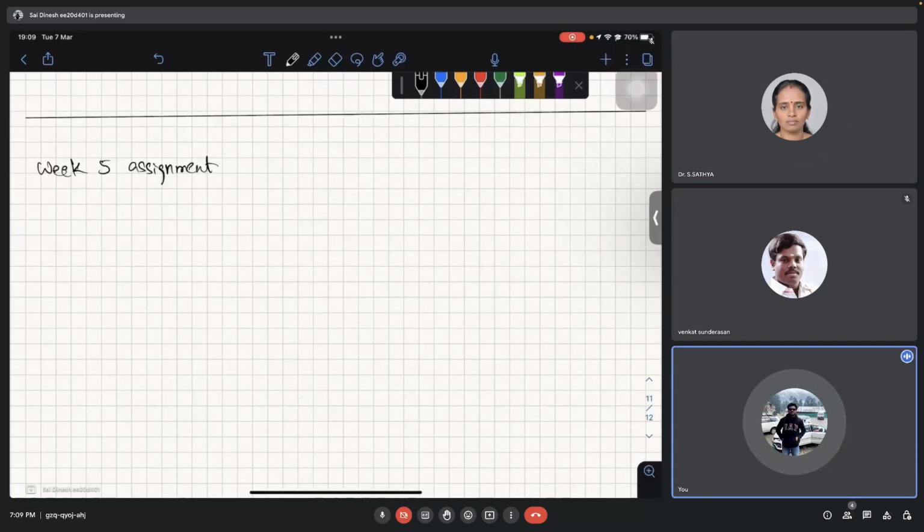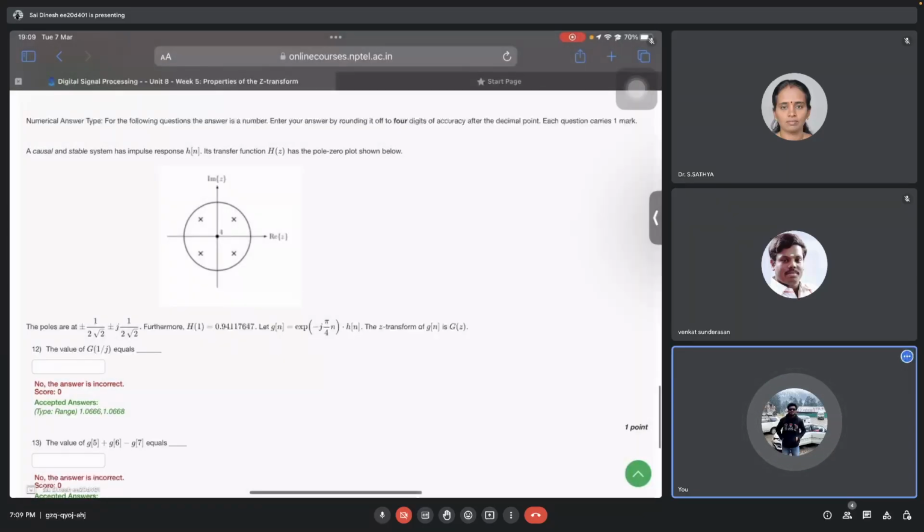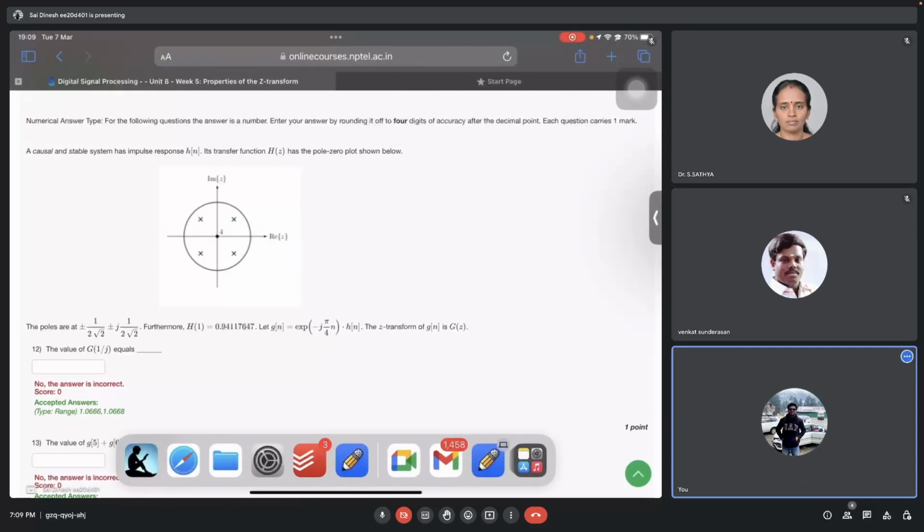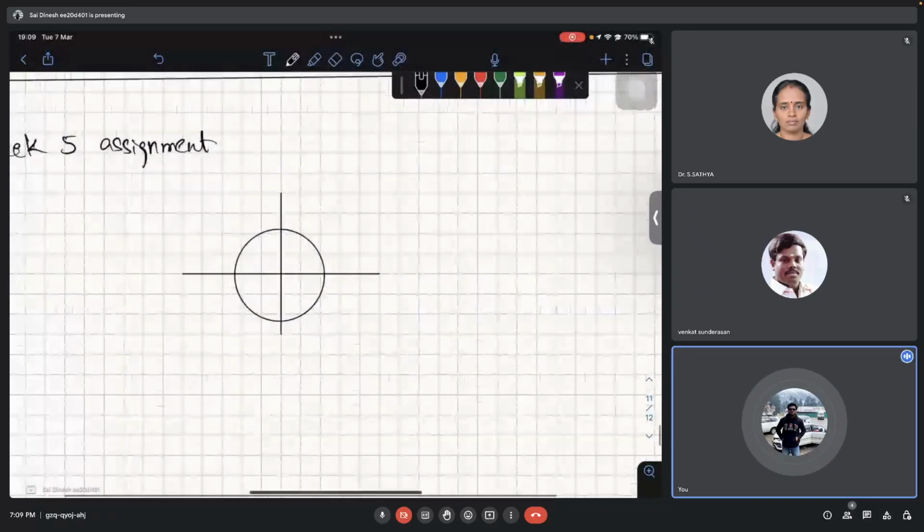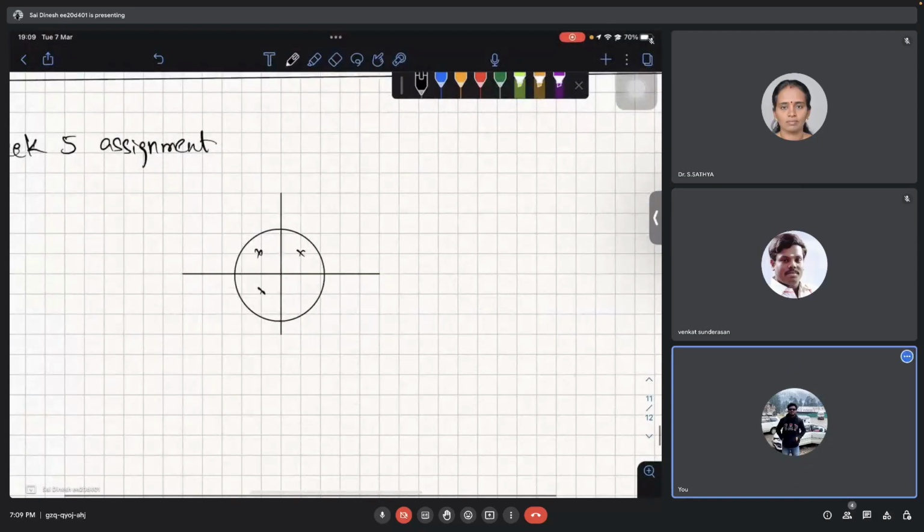So the question is, the poles are 1 by 2 root 2 plus or minus j 1 by 2 root 2, right? So there are 4 poles, each of 1 by 2 root 2 plus or minus j by 1 by 2 root 2.